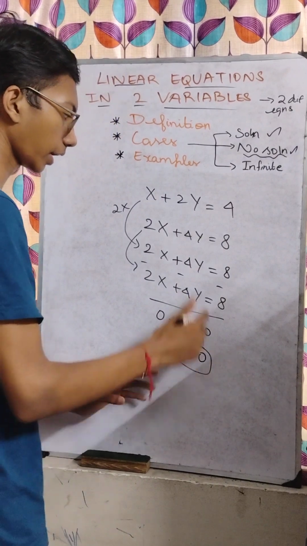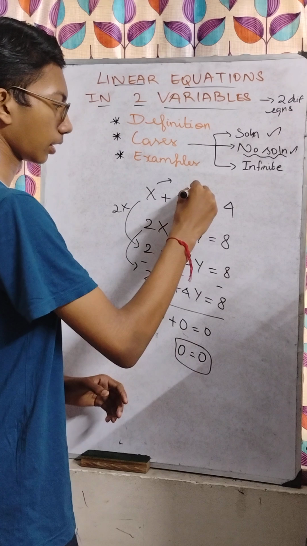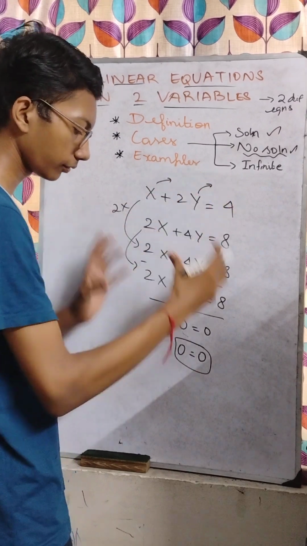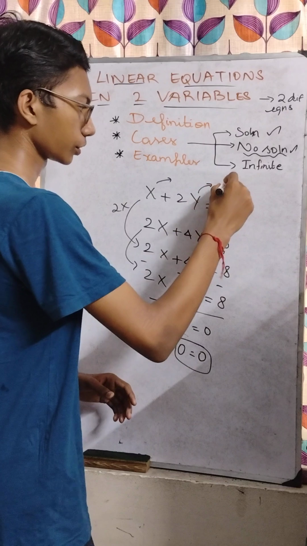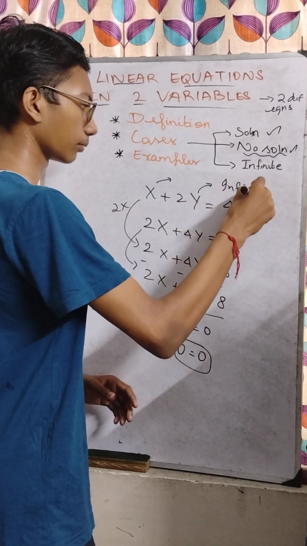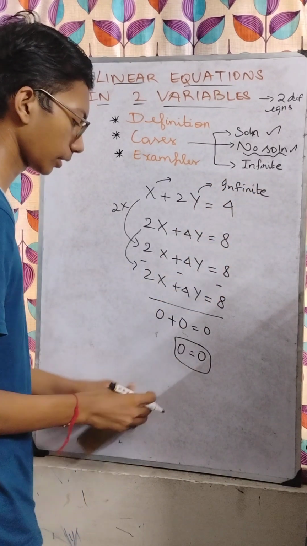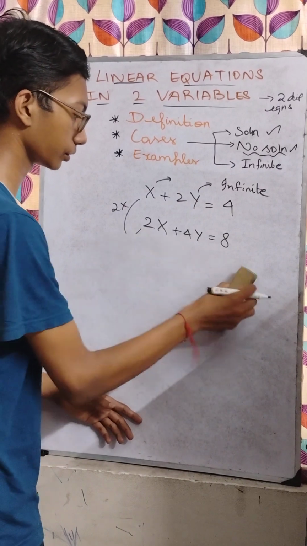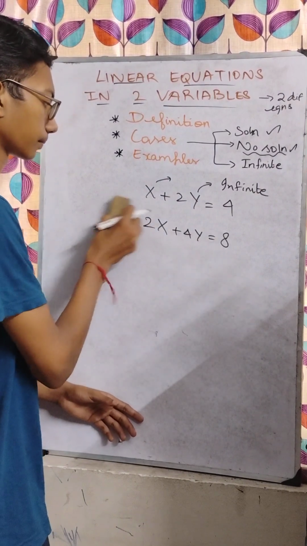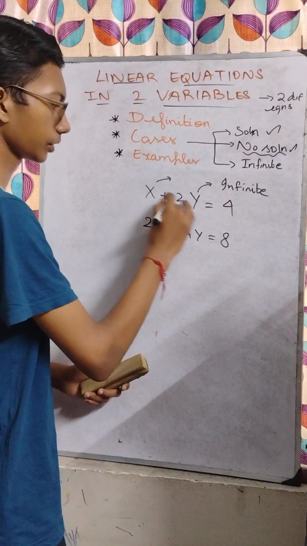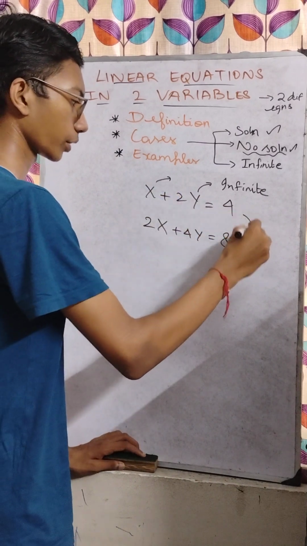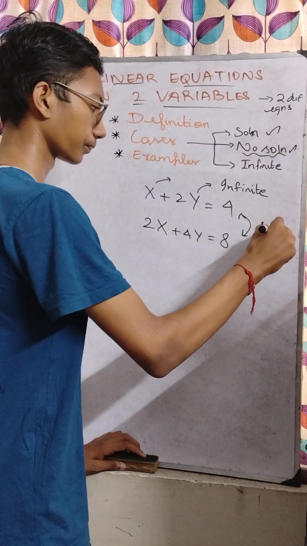Which means any value you put for x and you substitute that here and you put for y, all the values can be a solution, which means this has an infinite number of solutions. What this says is these two equations are the same equation. If we multiply this equation, we get the other equation.